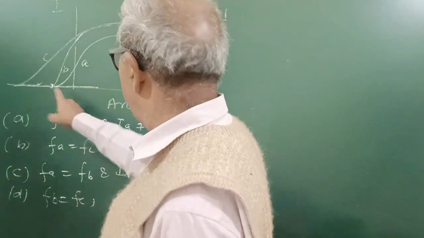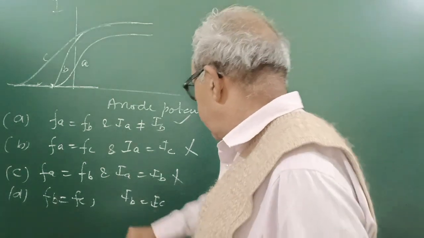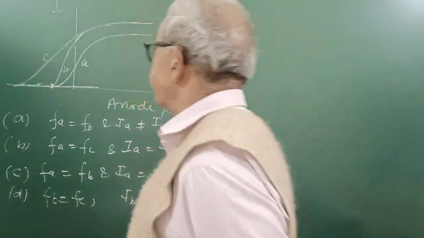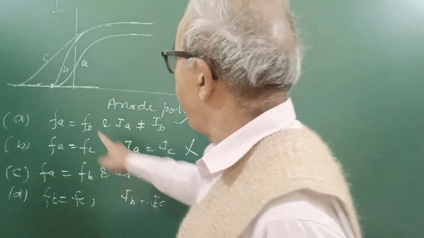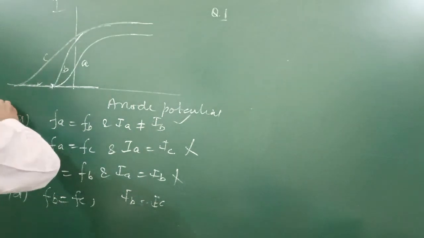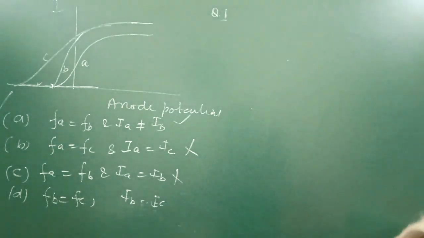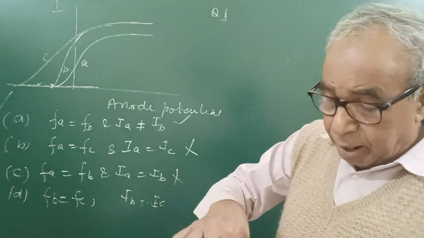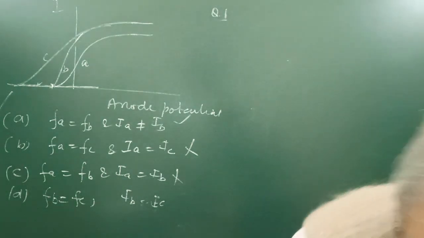FA equal to FB is true, but IA is not equal to IB, therefore wrong. And then FA equal to FC is not there at all because its cutoff potential is high, so that became wrong. IB equal to IC is true, but this first one does not match. So which is correct? This option is correct. So this way you have to learn the things. By doing the problems, when you solve a problem you apply your brain and you get the things learned by heart. Now I do some more questions for you here.